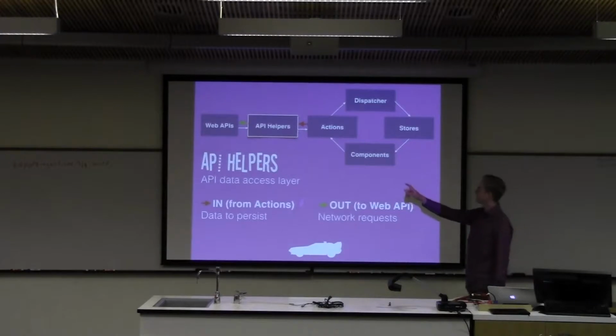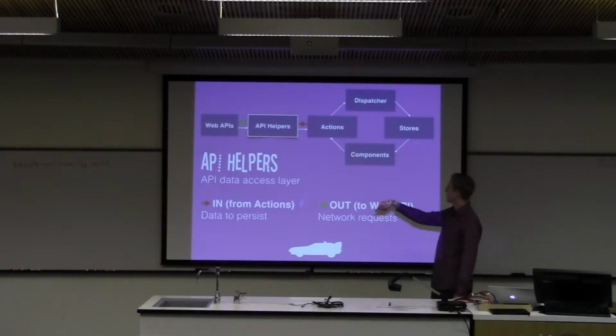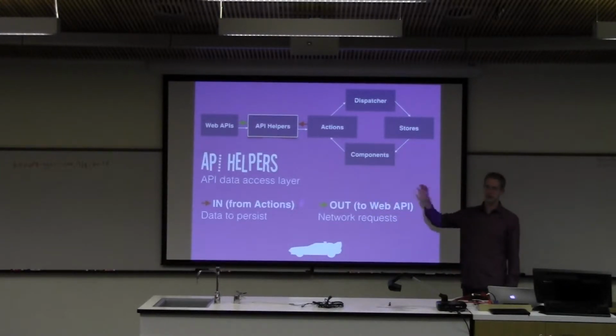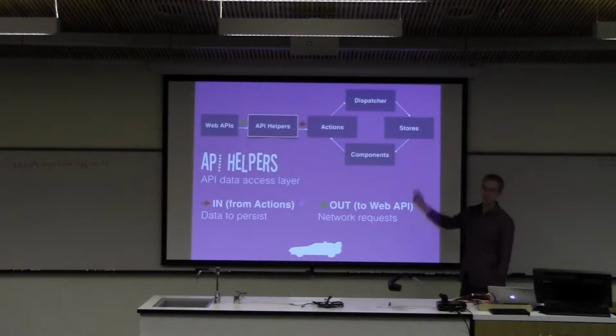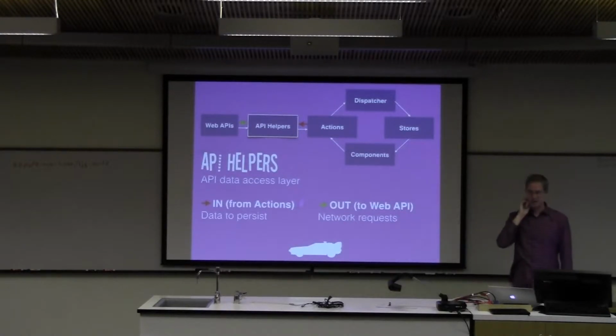We'll see async code here with the network requests. So I'm going to push out an HTTP post and then wait for it to come back with the response. And then we'll see it again when we come over to the stores. That's one good thing about Flux, it lowers the number of places, at least, that async operations happen, and gives you more synchronous code to be able to reason about more easily.